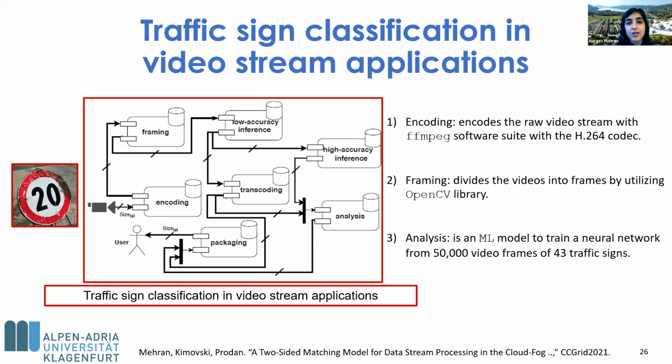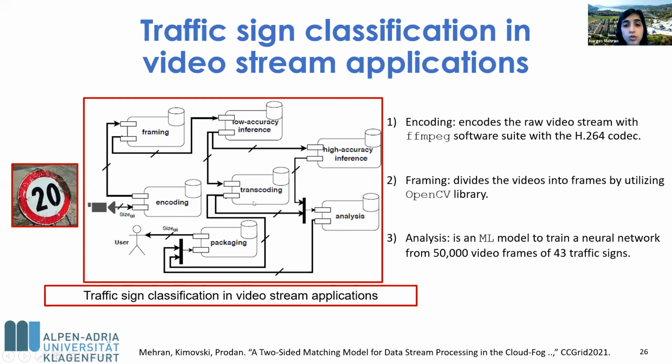For the evaluation, first let me explain the use case that we have prepared. This use case is related to video stream type applications, and it tries to get a specific video captured by cameras on the roadside. Then it encodes the video using a software tool such as FFmpeg, and we utilize OpenCV to put the video into different frames.